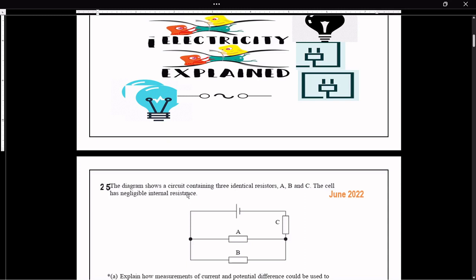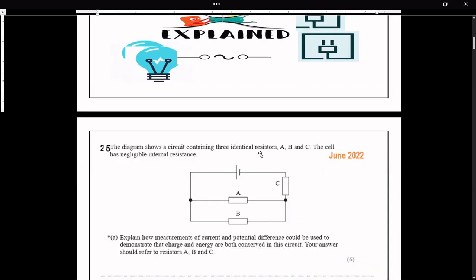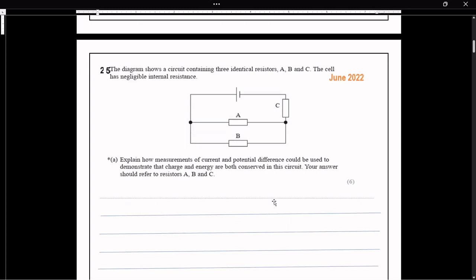Question number 25. There is a diagram with three identical resistors A, B and C. As you see, A and B are connected in parallel, and this parallel combination is connected in series with the resistor C. So we see that this is a loop, and AB is a parallel loop.